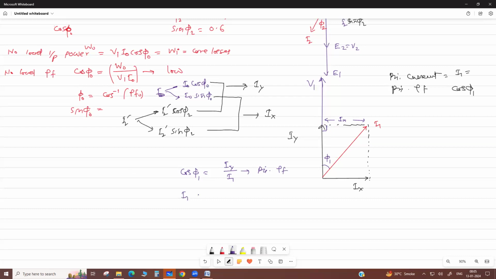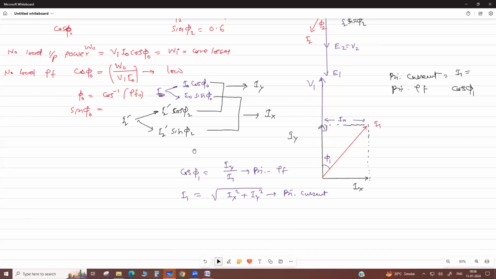And I1 in this right angle triangle is the square root of IX square plus IY square. Okay, my dear. Primary power factor, primary current. Okay, clear now?